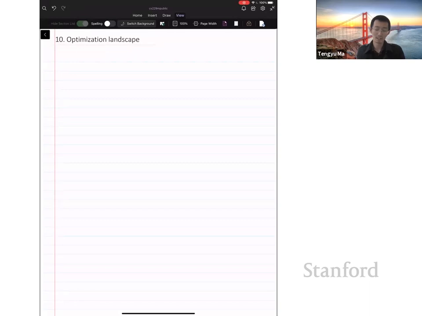So we are going to introduce some very basic things about optimization, but the main focus is actually not about how you update or how you design algorithms. The main focus is to analyze what the functions you are optimizing look like, so that you can use some trivial or standard optimization algorithm for it.